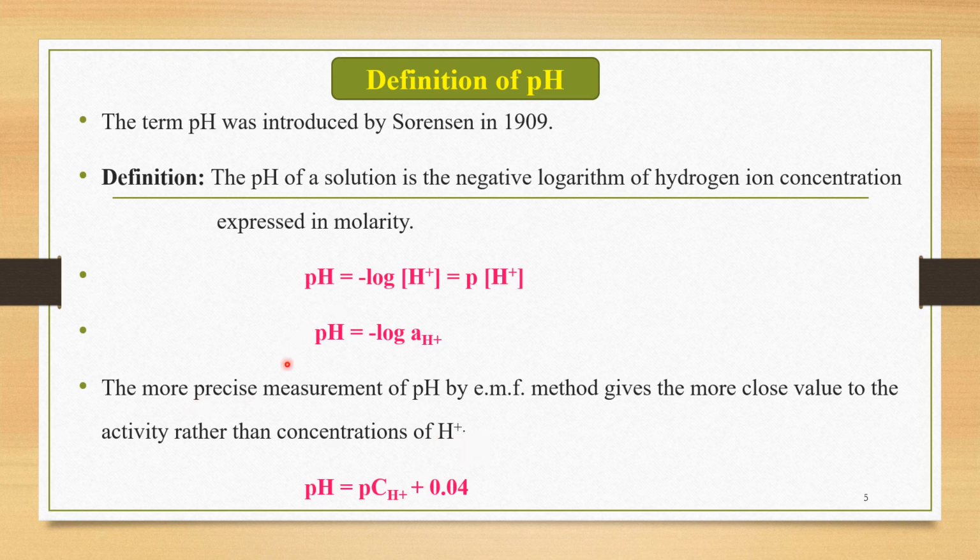As far as the precise measurement of pH is concerned, it is carried out with the help of the EMF method, and with that method, the value of pH observed is closer to the activity rather than the concentration of H plus, and under that situation, pH is given by pH is equal to p into concentration of H plus ion plus 0.04. So these are the different equations for defining this particular pH.